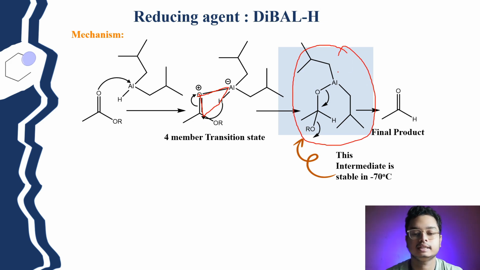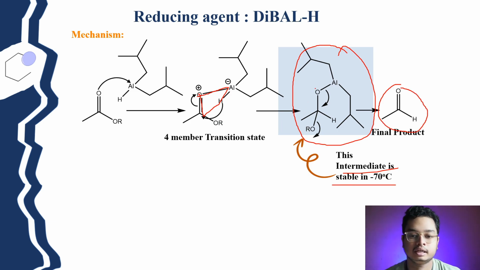Interestingly, since we are doing this reaction at low temperature, minus 78 degrees centigrade, this intermediate that is formed is very stable at that temperature, and that is why the reaction stops at the aldehyde stage and further reduction is not observed.